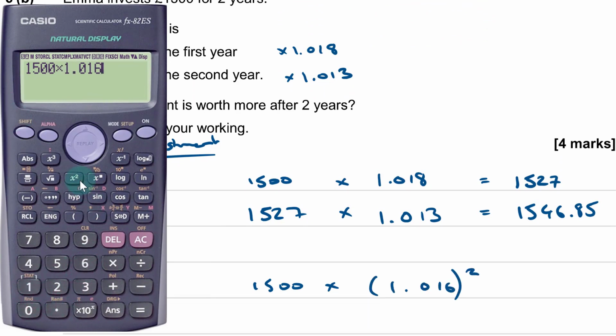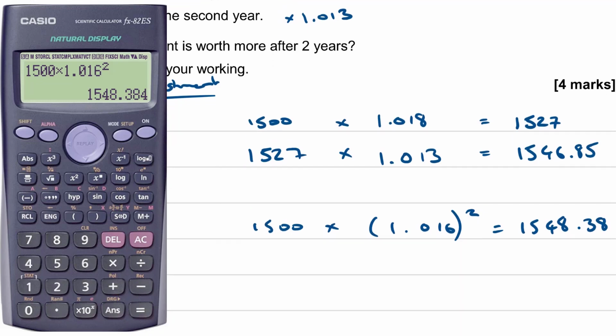So 1,500 times 1.016 squared, that is 1,548.38. So we can see that Dev's is worth slightly more. Dev's.